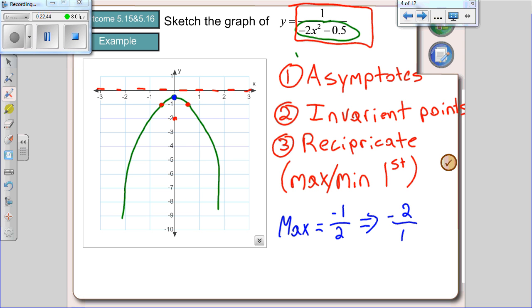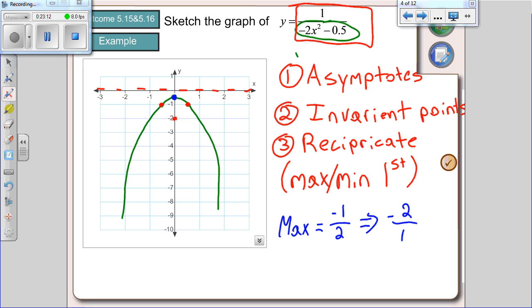That's the future. Tomorrow. It's not any harder. It really isn't. So you've taken your max and you've reciprocated it. Does that make sense how I reciprocated it? Beautiful.